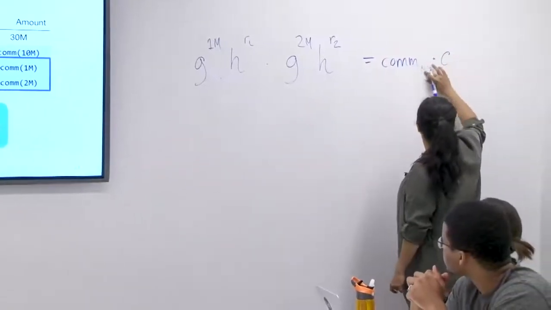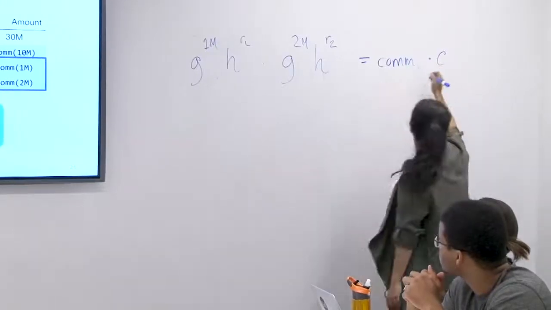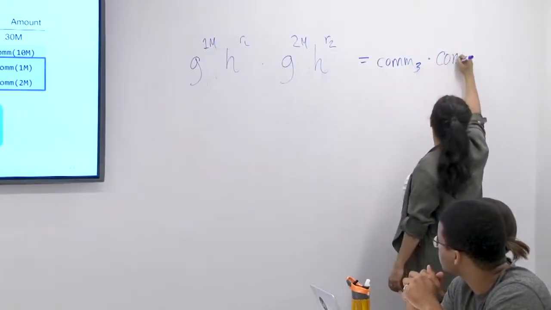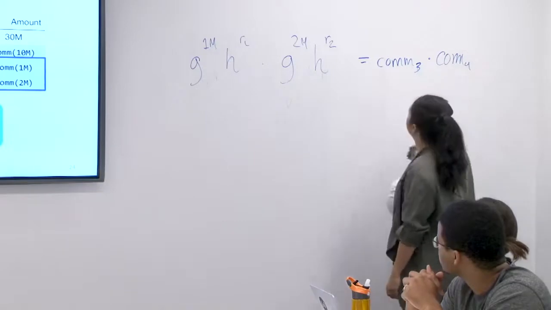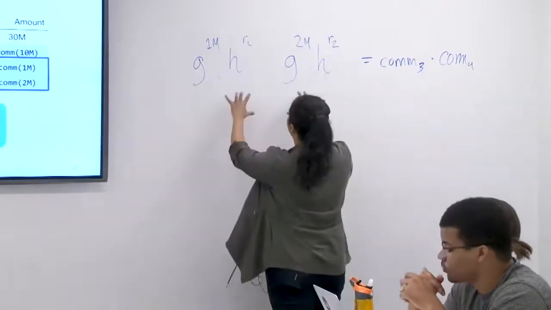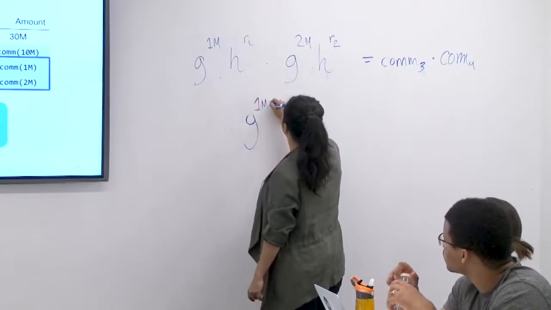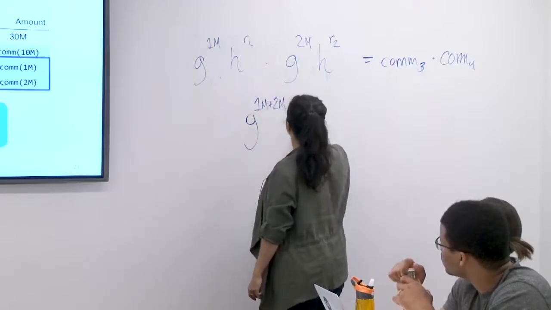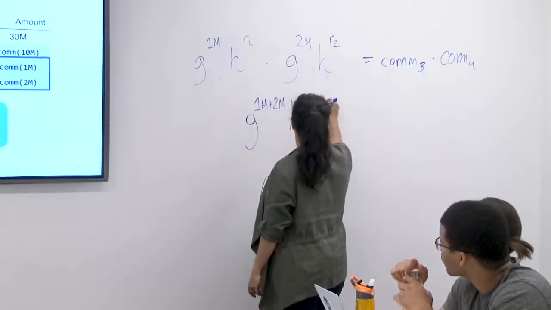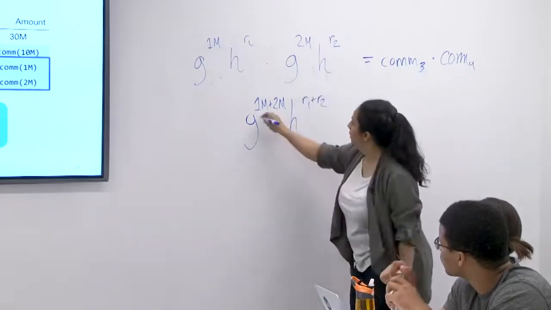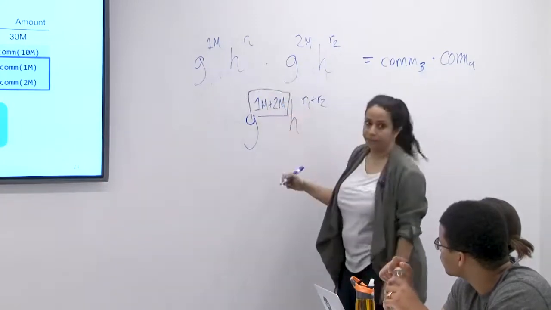It's COM3 times COM4. When you multiply these 2 things together, you get G to the 1 million plus 2 million, H to the R1 plus R2. This is 3 million.